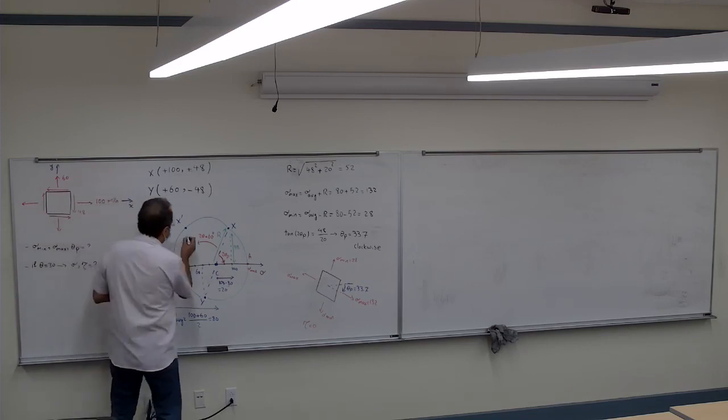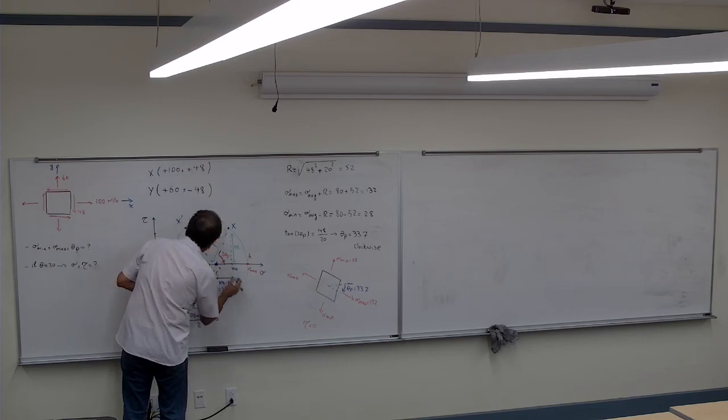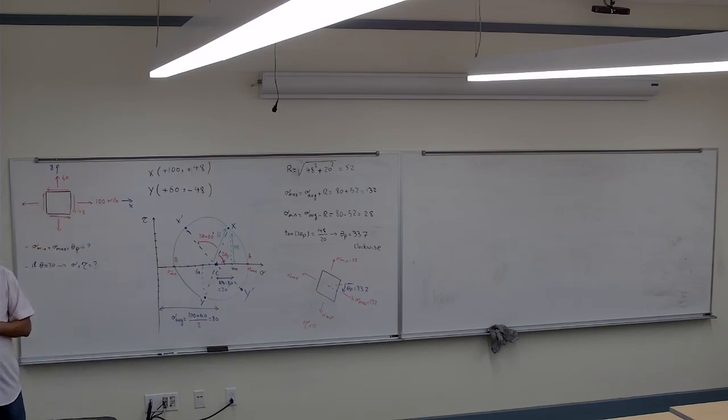And then if I draw that through the center, that's the X prime, that's the Y prime. So I rotate 60 degrees to get to that angle.